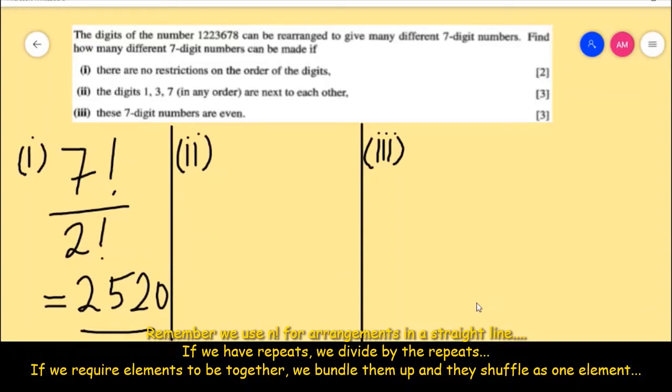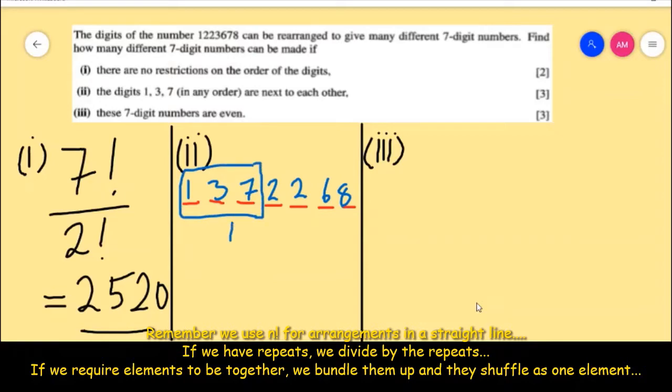Number 2, the digits 1, 3, 7 are next to each other. I'm going to put down my 7 spaces, 1, 2, 3, 4, 5, 6, 7. I want the 1, the 3 and the 7 to be next to each other. The other digits are a 2, a 2, a 6 and an 8. I bundle them because I want them to be together.